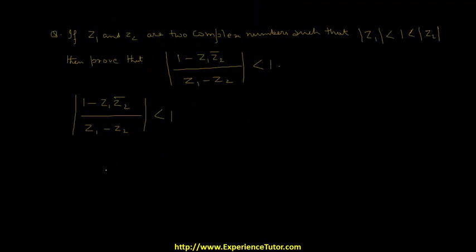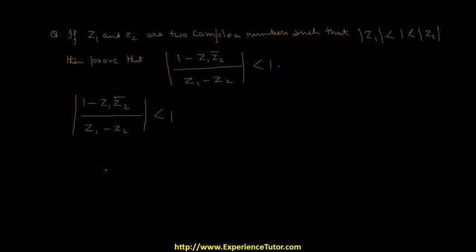Our next question is, if z1 and z2 are two complex numbers such that modulus of z1 is less than 1 and modulus of z2 is greater than 1, then prove that modulus of (1 − z1 conjugate of z2) upon (z1 − z2) is less than 1.